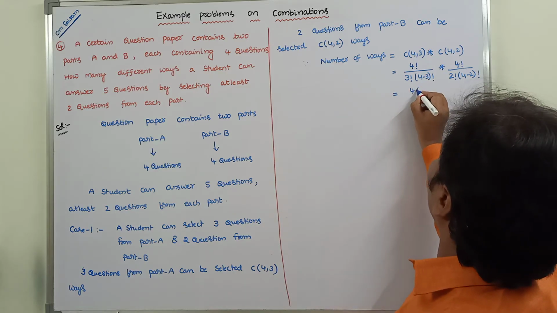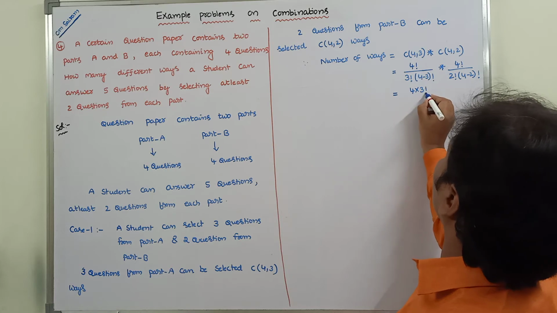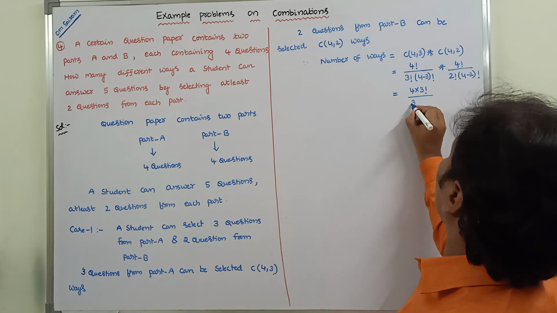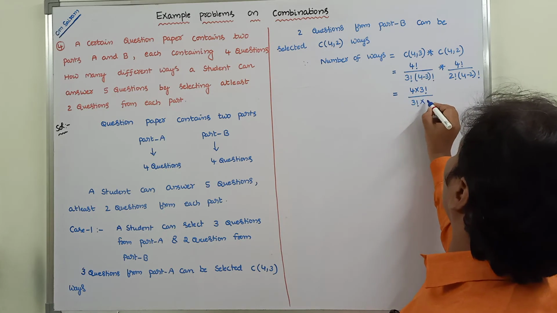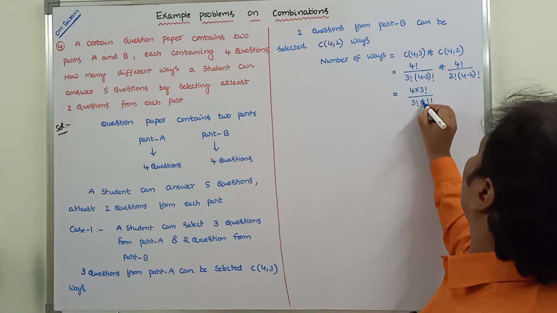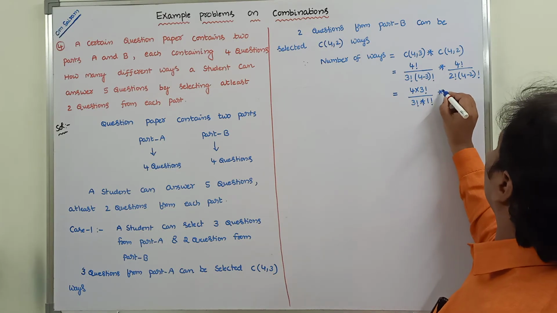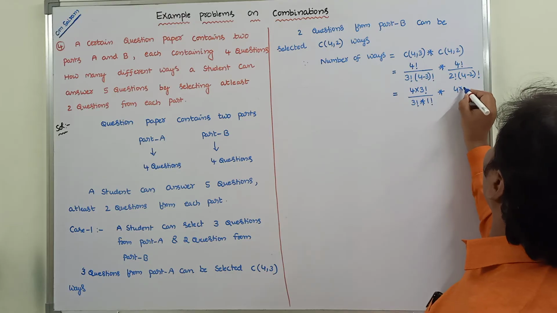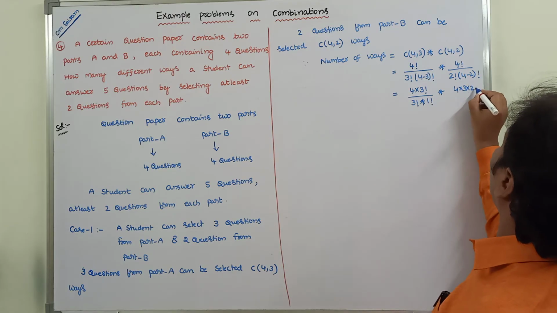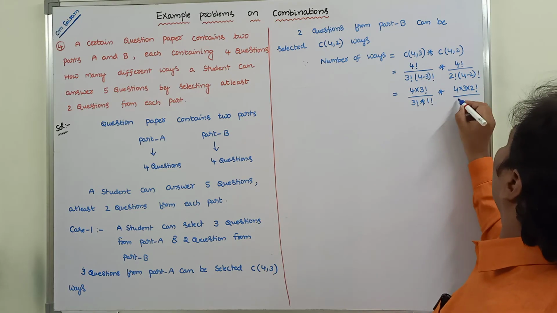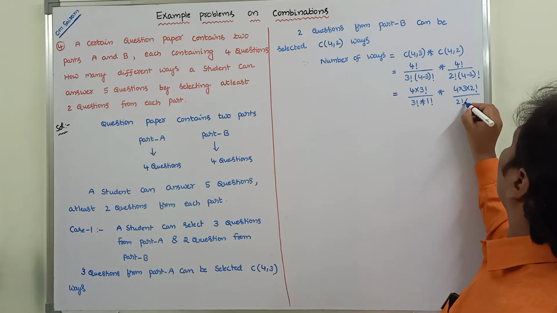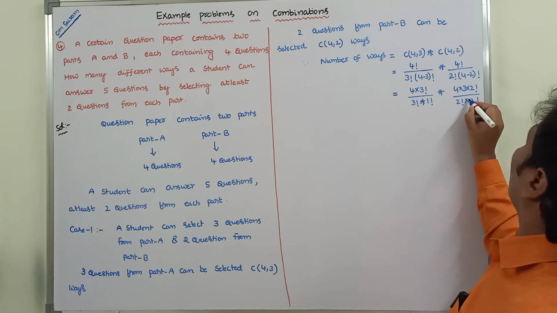So I am writing 4 into 3 factorial divided by 3 factorial into 1 factorial, into 4 into 3 into 2 factorial divided by 2 factorial into 2 factorial.